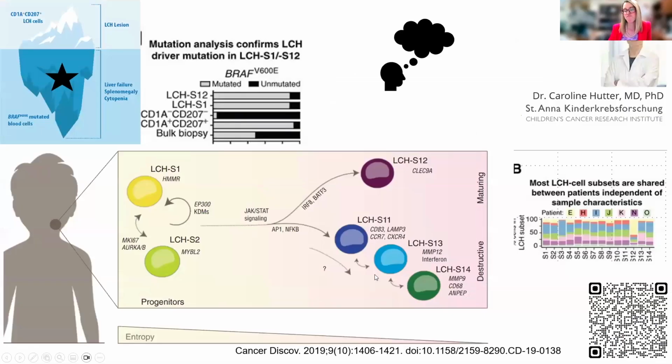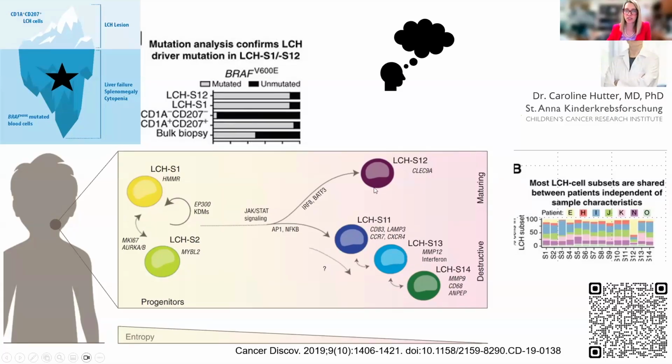So Carolyn Hooder's group, I still love always showing this figure because it helps to understand that we've focused so long on the tip of the iceberg, but understanding this mutant population is really where future cures will probably lie, as we understand that LCH is not just CD1A, CD207 cells, but there are so many different subtypes within this population of mutated cells that can be the progenitors, the maturing versus the destructive.